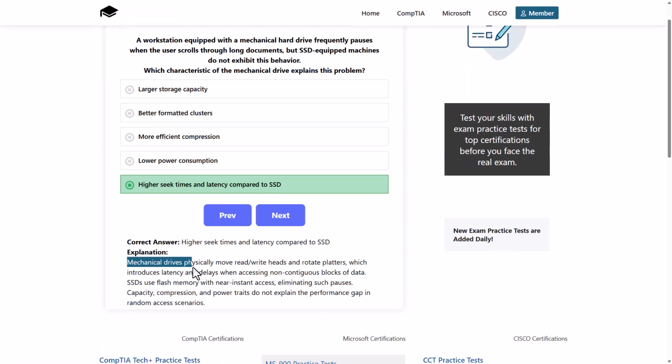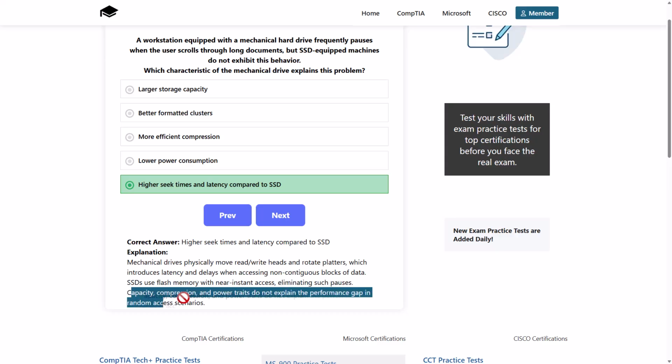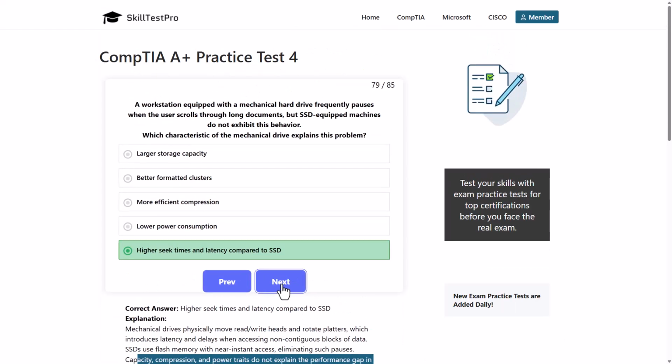Mechanical drives physically move read-write heads and rotate platters, which introduces latency and delays when accessing non-continuous blocks of data. SSDs use flash memory with near-instant access, eliminating such pauses. Capacity, compression and power traits do not explain the performance gap in random access scenarios.